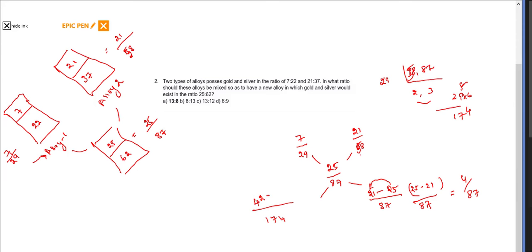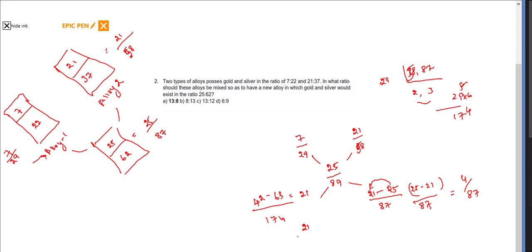This would be 42 minus 58 into 3, which is 63. Okay, again this would be the other way around. This would be 63 minus 42, which is going to be 21, right? This is what we are getting.